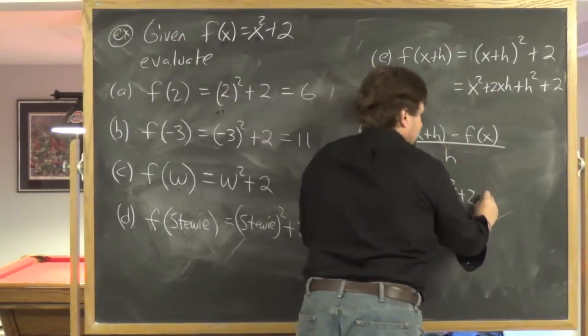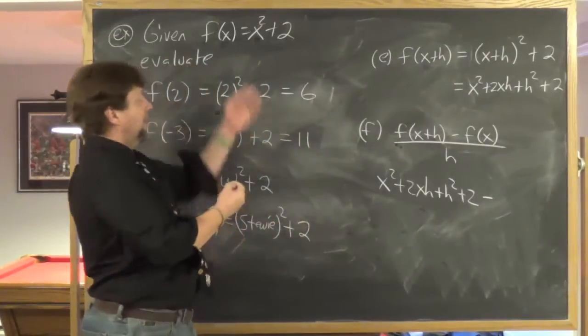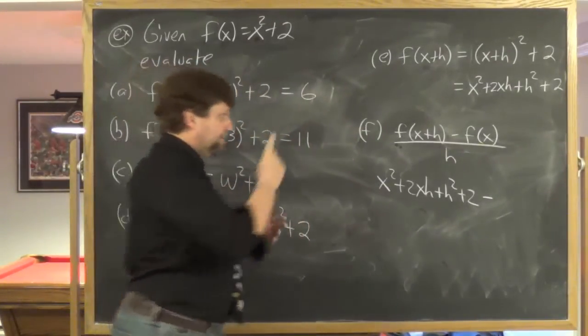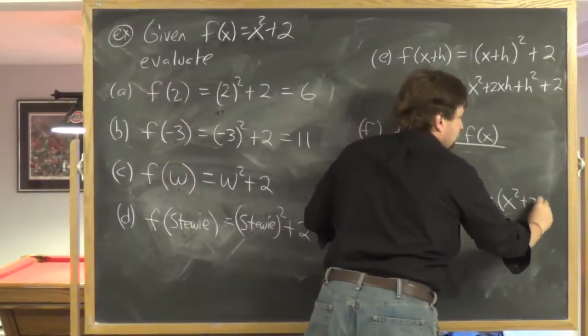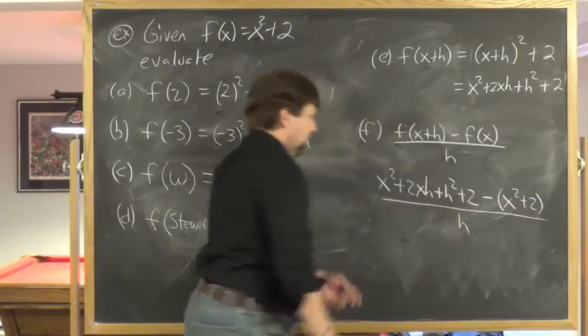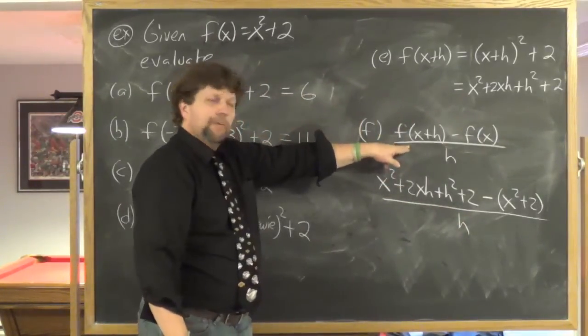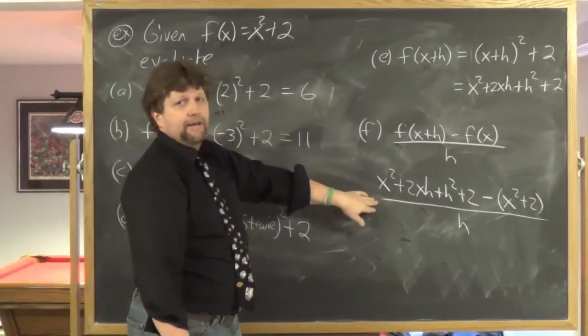Now it says minus f of x. What's f of x? Oh, it's just x squared plus 2. I'm going to put that in parentheses to make sure I don't make a careless sign mistake. So the f of x plus h minus f of x, all of that over h, is right here.